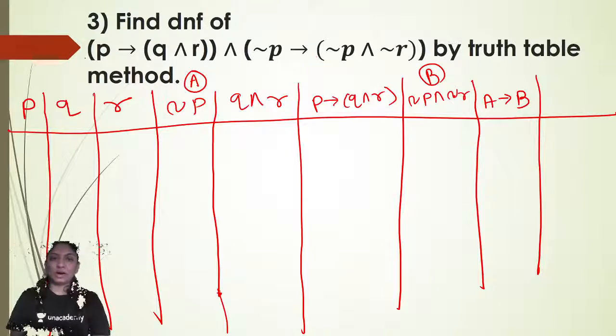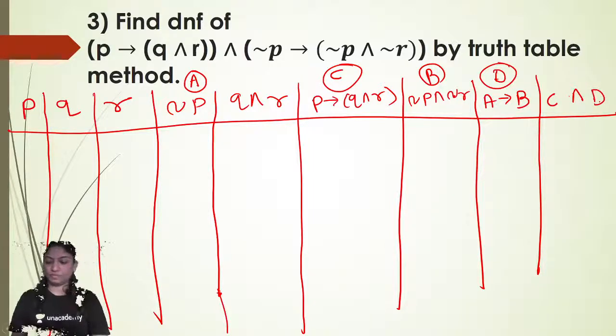Now we'll require these things totally. So suppose this is C, P implies Q and R. And this is your D, A implies B, it means D. So we can write here C and D. Are you getting it?